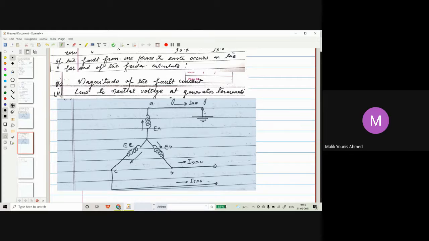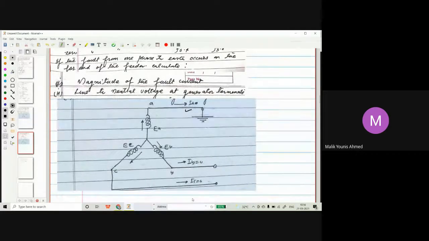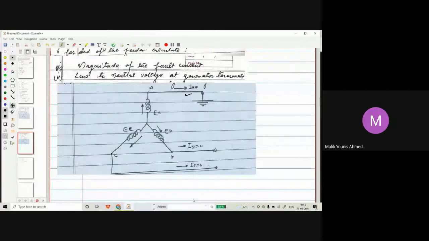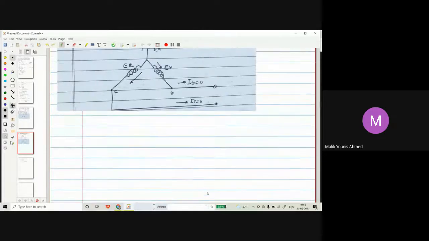I think this is a very simple problem, so I have drawn just a diagram. The fault is occurring at the far end, and this fault current we have to find. Because it is an unloaded alternator, the generator is not loaded, so IB and IC will be 0.